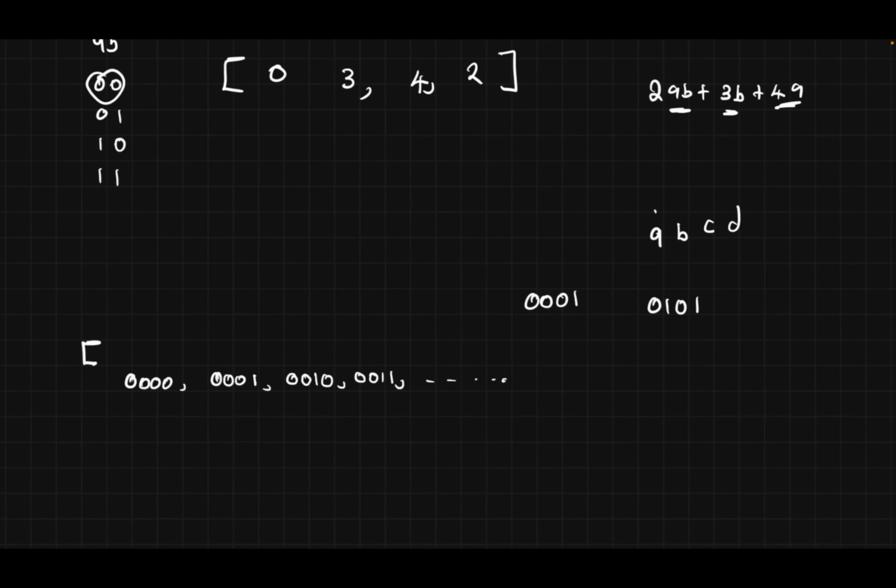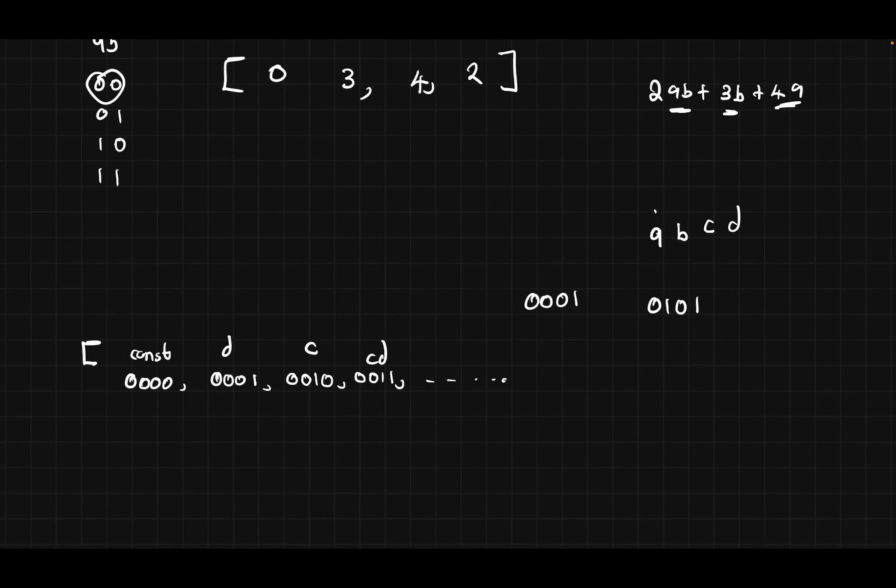So 0, 0, 0, 0 means that A is not present, B is not present, C is not present, D is not present. So that means that's the constant. This one, A is not present, B is not present, C is not present, but D is present. So this place will represent D. Then this one, that's C, right? And the other one is now what? CD. Exactly.